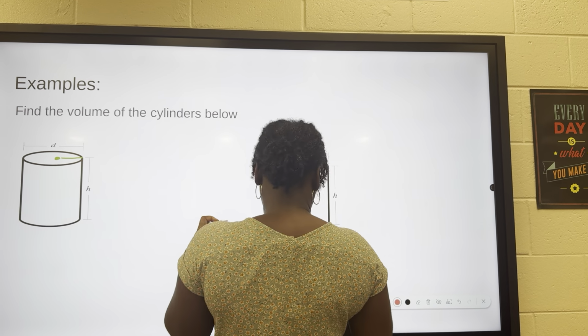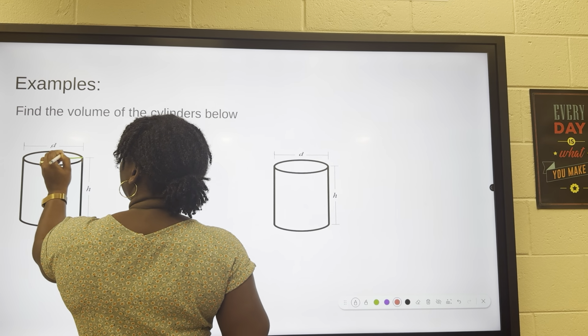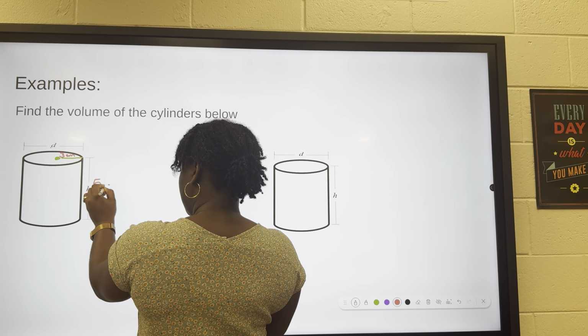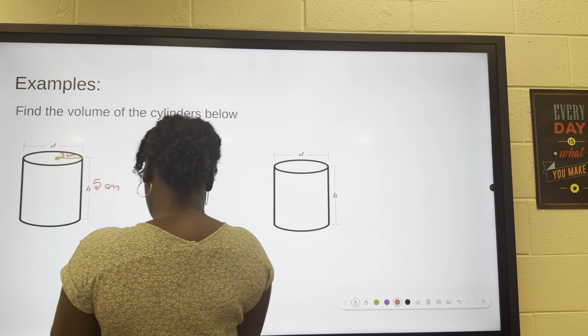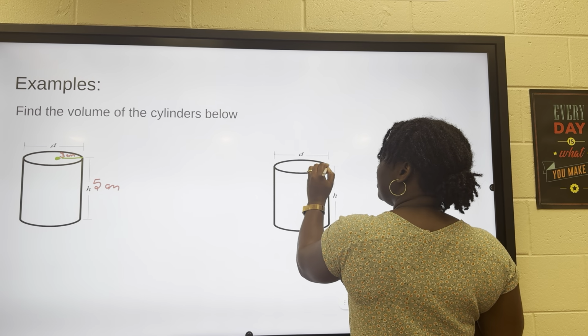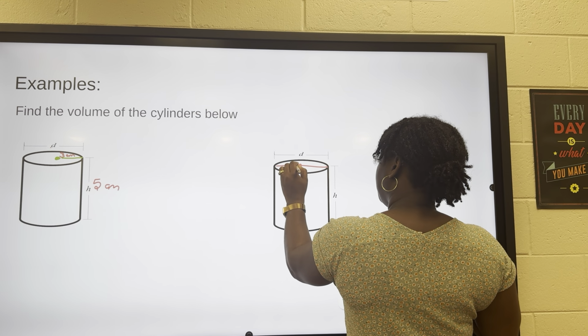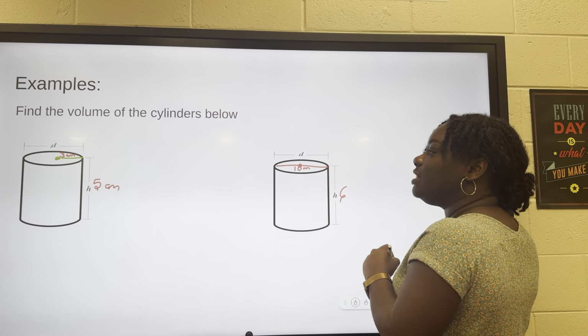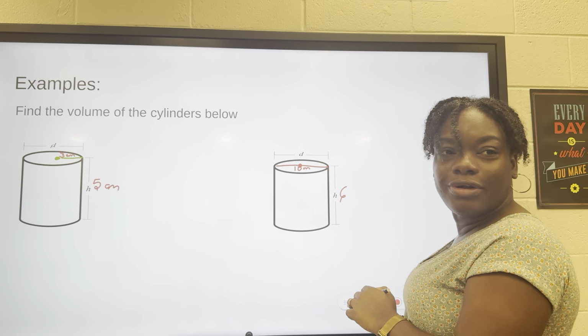Your radius is 3 cm. My height is 5. All right, let's plug this one in. For the other one, my entire diameter I'm going to put as 10 meters, and my height 6 meters.